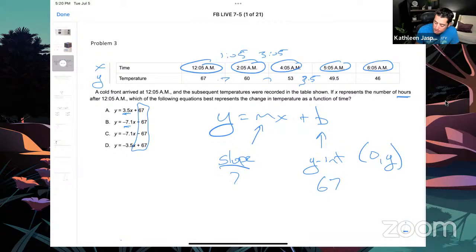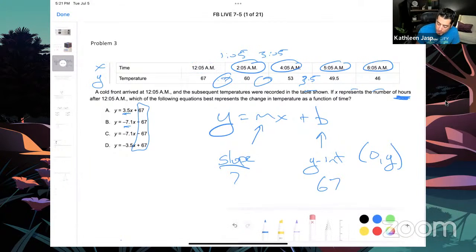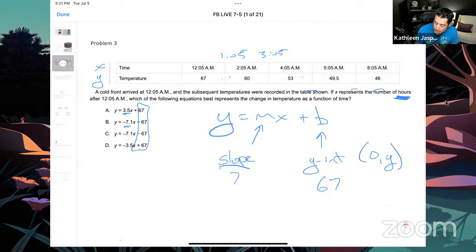You have to understand that this was by the hour. This right here, that's a 2 hour time. And then this is 1 hour, 1 hour, 1 hour. Equations are done by your slope. It's 1 hour, 1 hour, 1 hour, because that's what it was set at. So if you're doing it like this, where you're finding the difference, you have to be careful to go by the actual hour and not by each one of these data points that they give you.